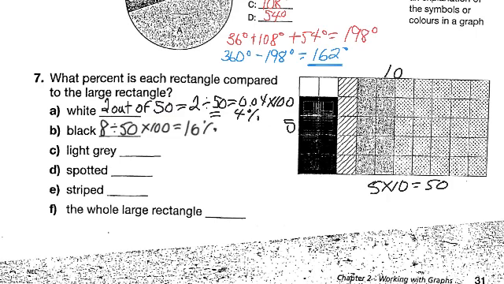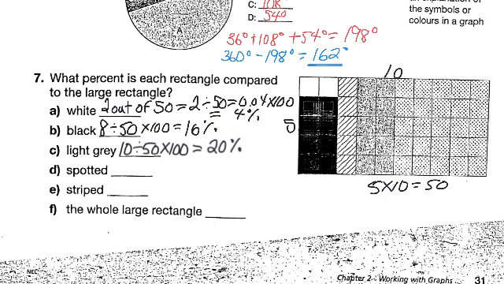Same thing with the light gray. You're going to count the light gray. 1, 2, 3, 4, 5, 6, 7, 8, 9, 10. So 10 divided by 50 times 100 gives your answer, which is 20%.